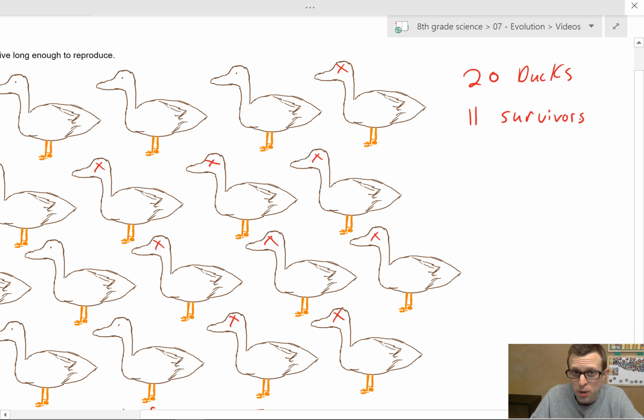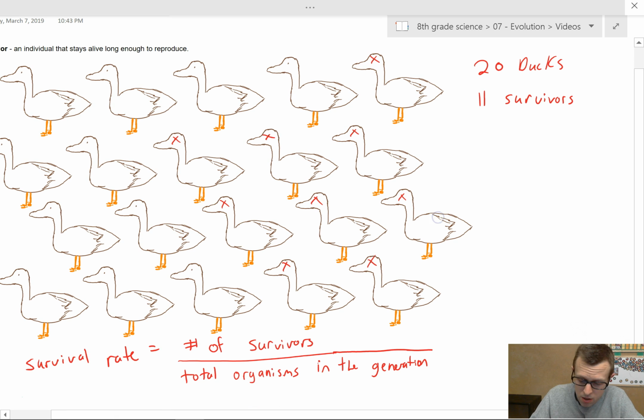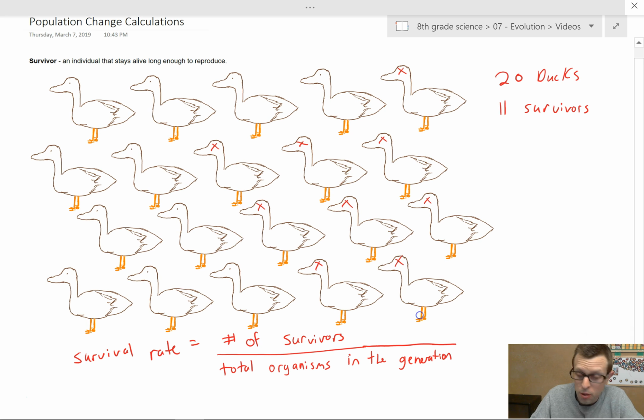Now, one thing we might want to do with this is to calculate what's called the survival rate. Survival rate being the total number of survivors divided by the total number of organisms in the generation. And generally we make that a percent, so I'll just add times 100% in there to convert that.